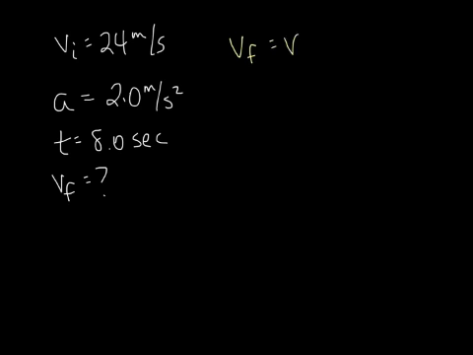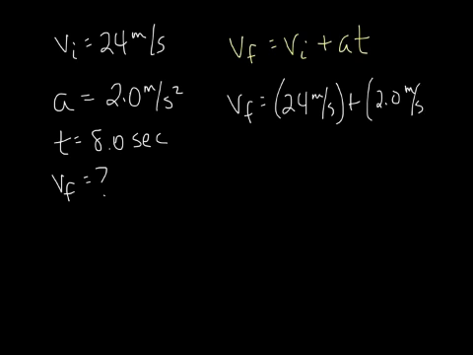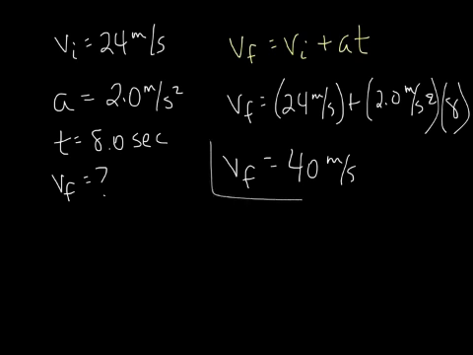V final equals V initial plus acceleration times time. Now plug in what you know, put it in the calculator into numerical solve, and you will see that V final is equal to 40 meters per second. Box your answer and you're done.